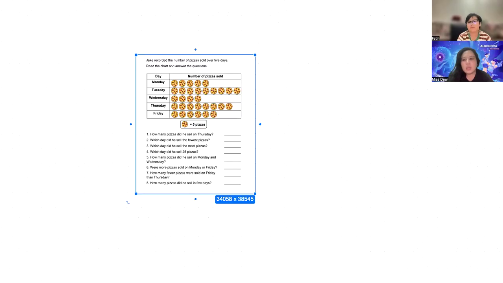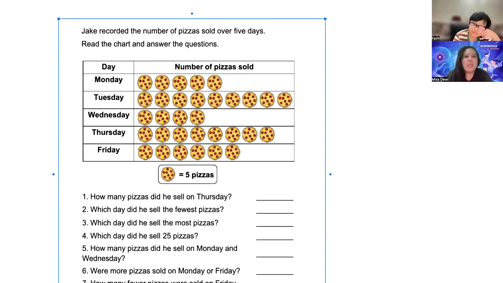Can you see it in here? Yes. Based on this paper, what information do you get? Just give me one information. One pizza equals 5 pizzas. All right, one pizza symbol like this stands for 5 pizzas.